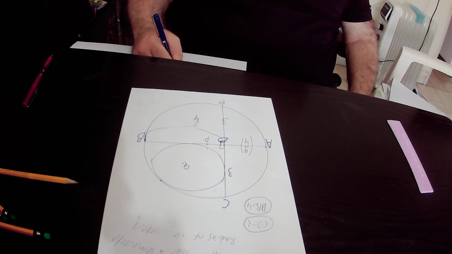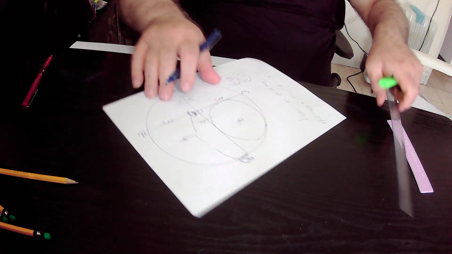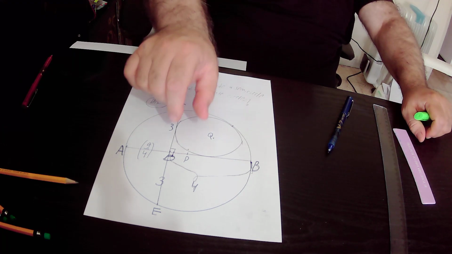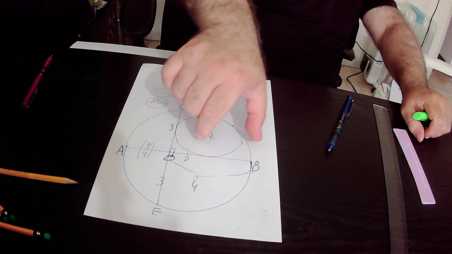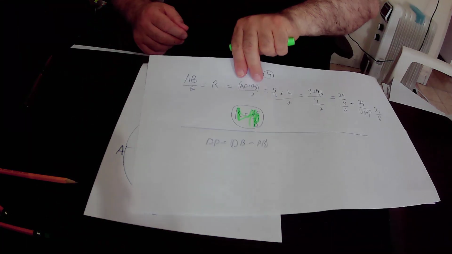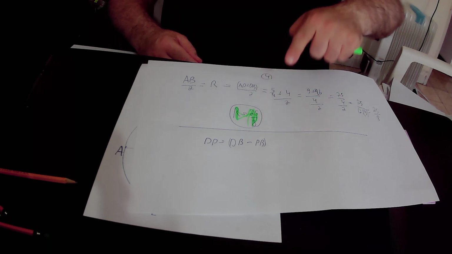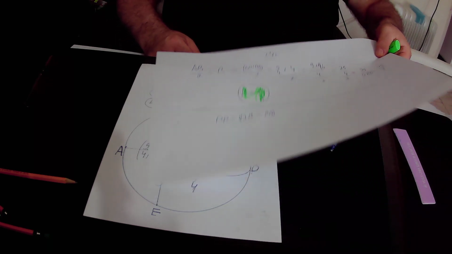I'll repeat again: DP equals DB minus PB. Again, DP equals DB minus PB. It is very simple, very easy to see from the drawing.